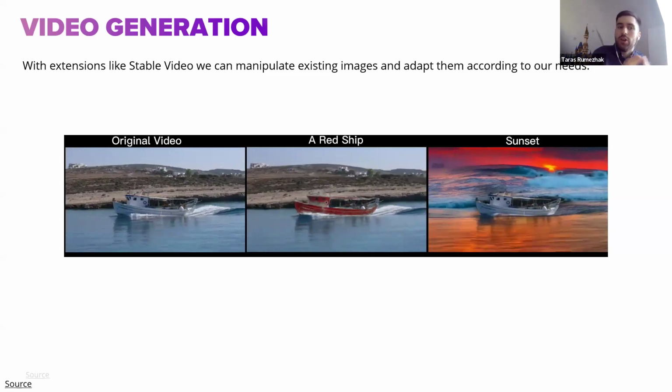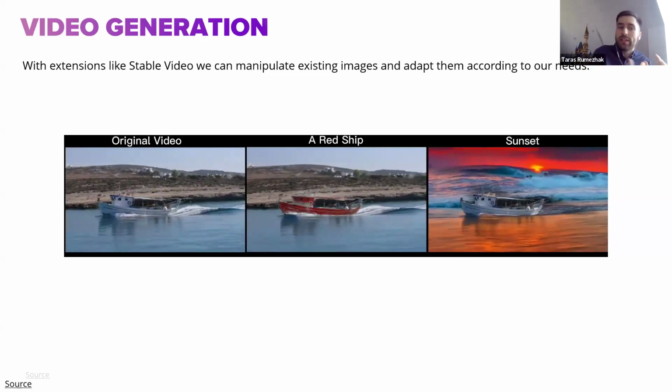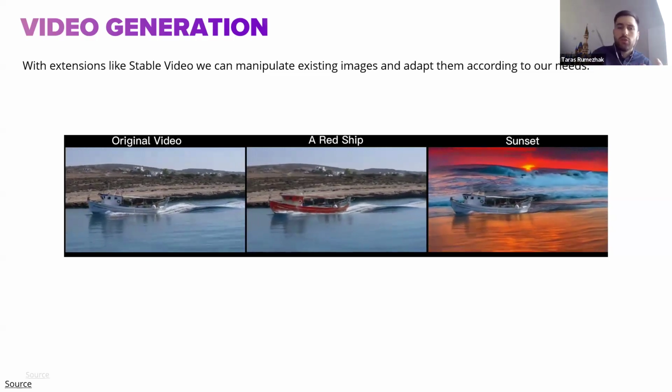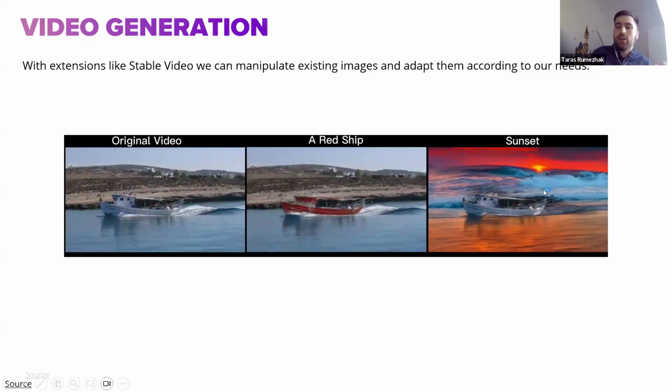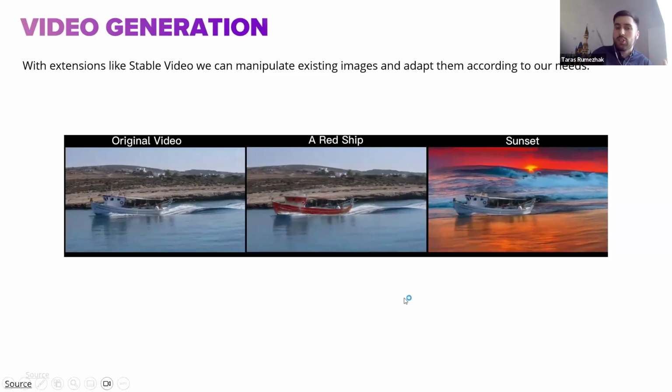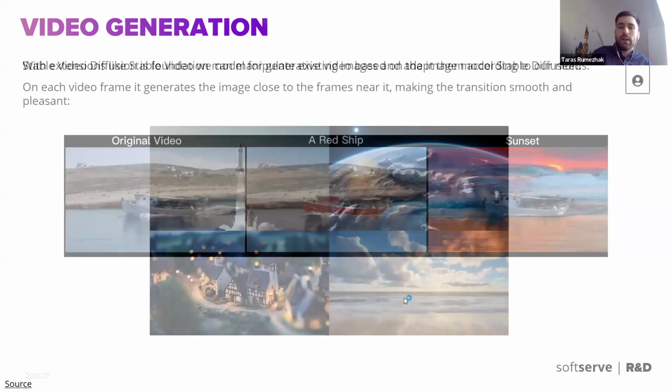So it was not text to video, it was text plus video to video. For example, you can change colors, you could change the sunset. It was easier to keep consistency because of the shape, et cetera.